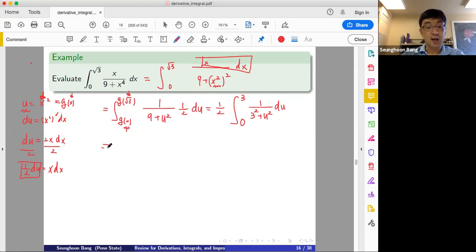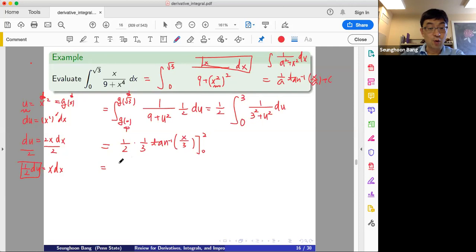What's the antiderivative? 1 over 2 times, what is this one? Do you remember this one? The integral of 1 over a squared plus x squared dx is 1 over a times inverse tangent of x over a, plus c. So 3 is like a, giving 1 over 3 inverse tangent of x over 3 from 0 to 3.